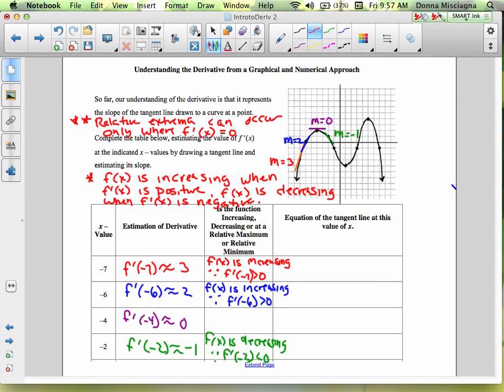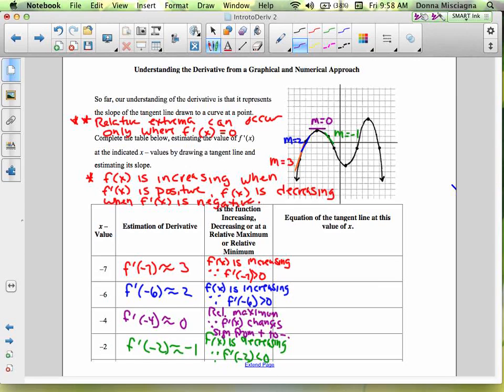So at x equals negative 4, there's a relative maximum, because f prime of x changes sign, and we'll go over this more in the next couple lessons, from positive to negative.